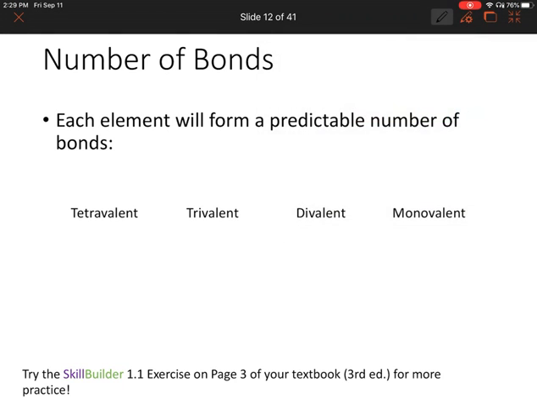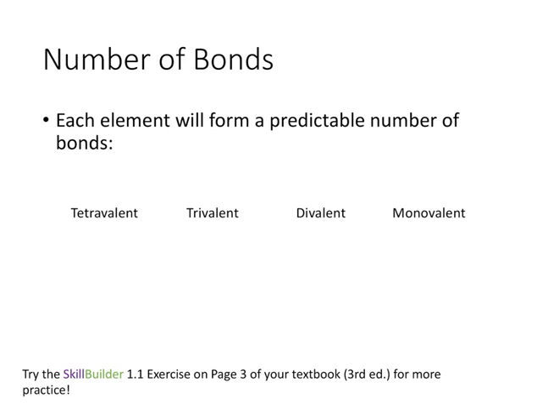We've already seen that carbon has 4 valence electrons, so carbon can make 4 bonds. We call that tetravalent, and tetra stands for 4. We've also seen that nitrogen has 5 valence electrons, so it has 3 unpaired electrons and can make 3 bonds. So it is trivalent.